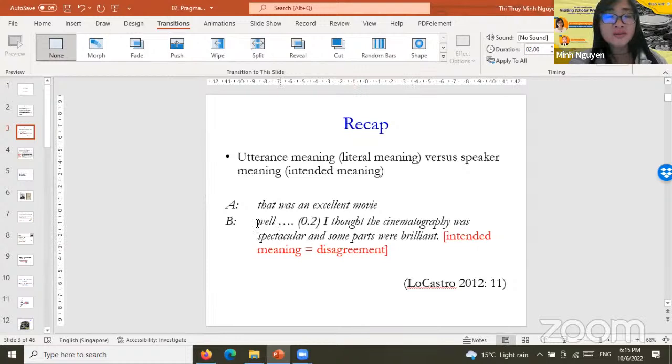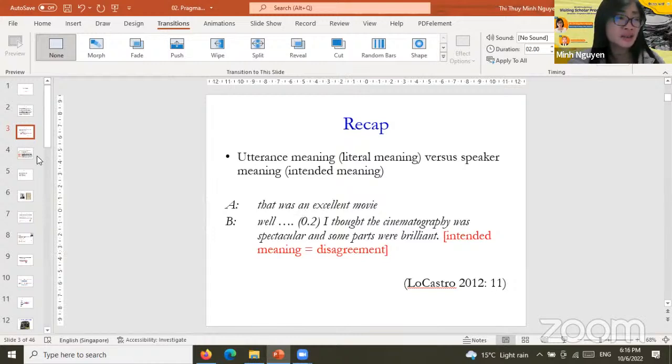On the surface, B just comments on some parts of the movie, but what B actually means beyond what he says is a disagreement. He disagrees with A that the movie was excellent. So pragmatics is concerned with this intended meaning, the speaker meaning, rather than just the utterance meaning.